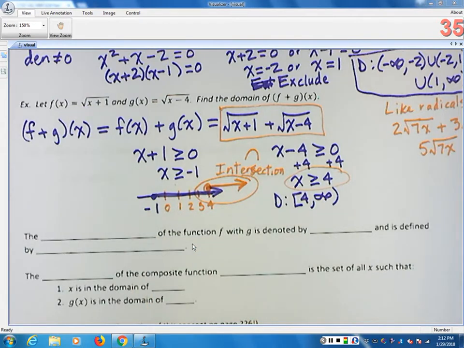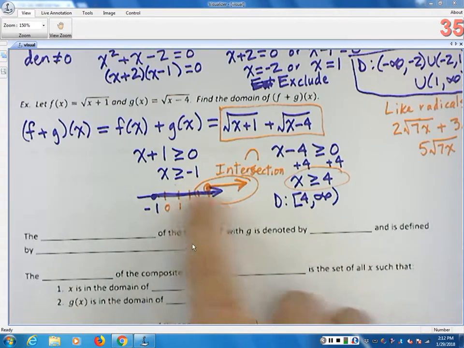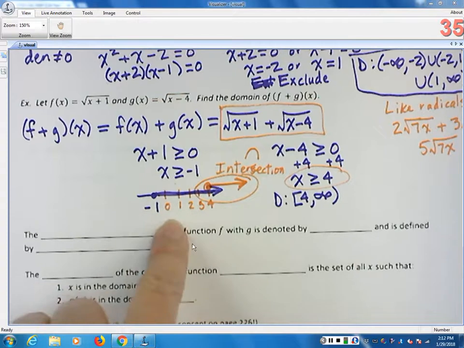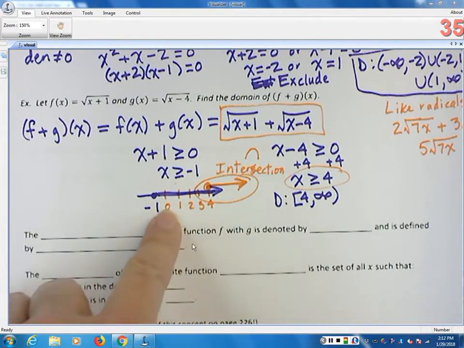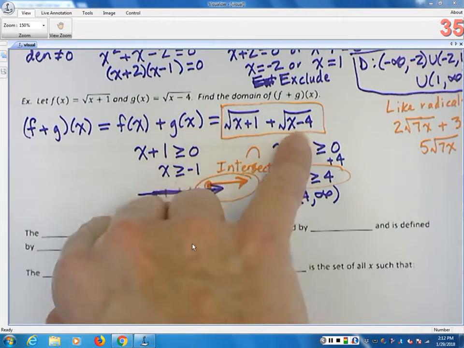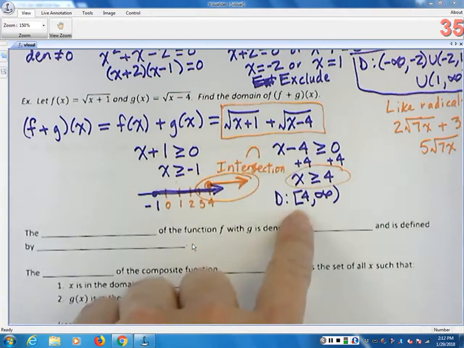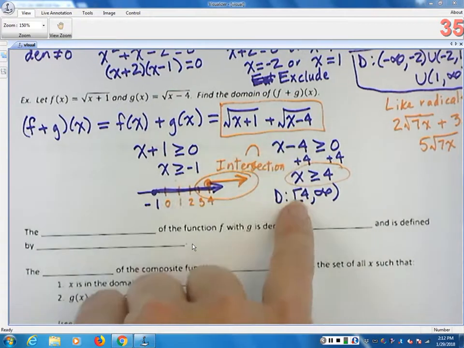And we had to take the intersection of those. If you're not sure, you can just test a point. We put in 0, it works here but not here. So we had to have it be 4 or above.